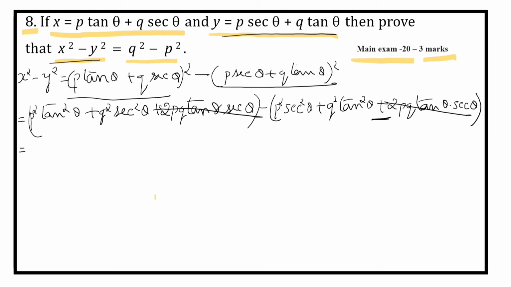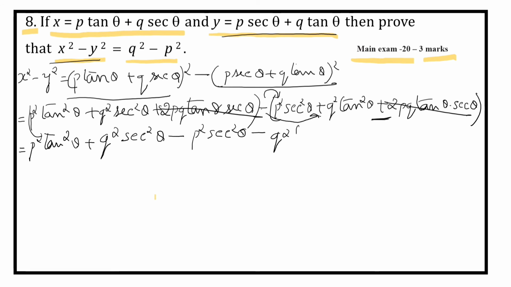So now write what has been remained here. P square tan square theta plus q square secant square theta minus, here positive negative into positive, p square secant square theta minus, here observe minus plus minus q square tan square theta.